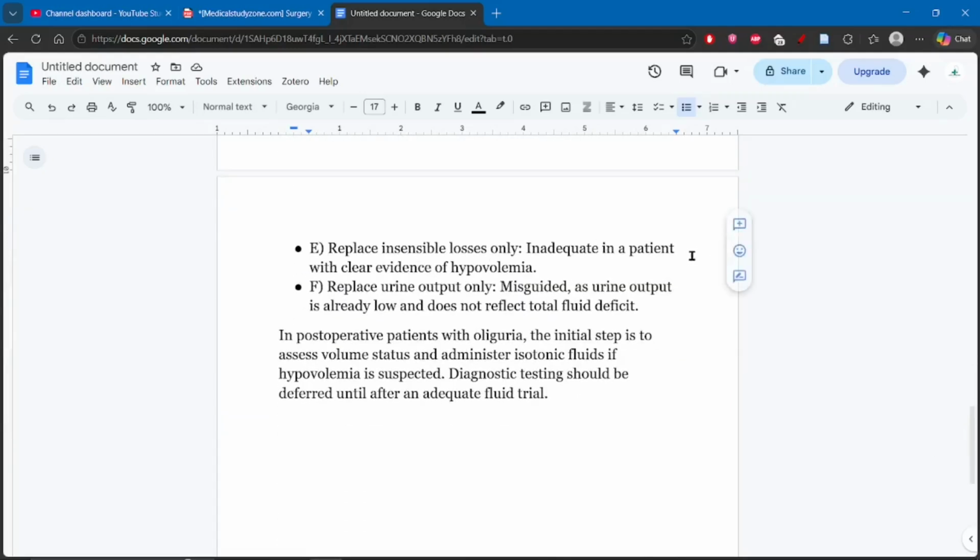Replacing insensible losses is inadequate in a patient with clear evidence of hypovolemia, so that's really not evidence based. And replacing urine output is misguided. In post-operative patients with oliguria, the initial step is to assess volume status and administer isotonic fluids if hypovolemia is suspected. Diagnostic testing should be deferred until after adequate fluid trial. So you need to remember this, guys. This is the most important takeaway.